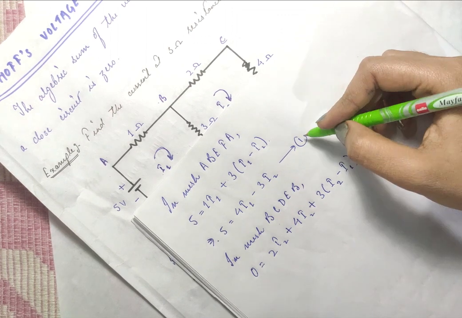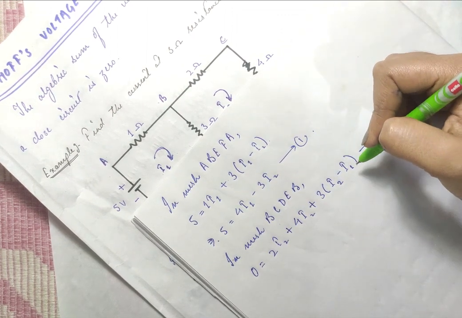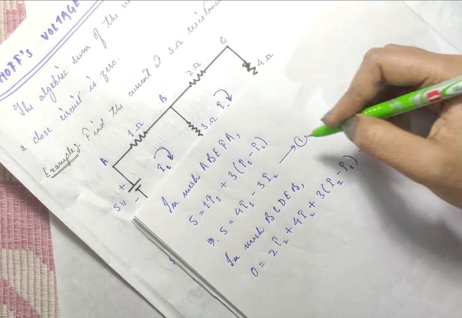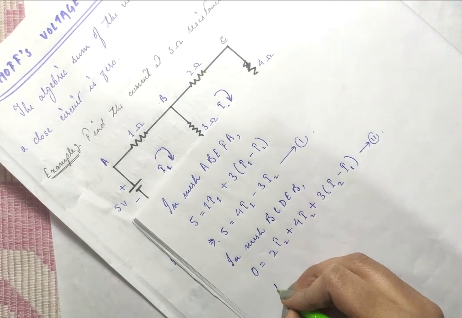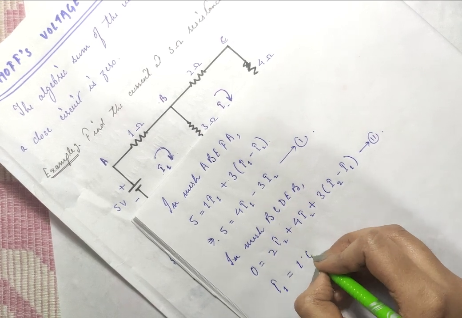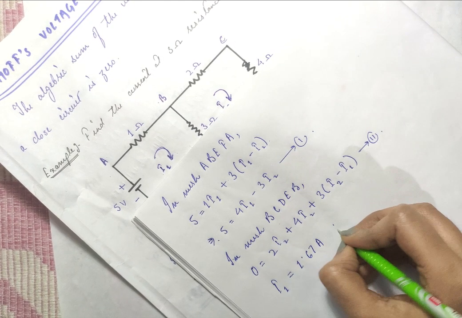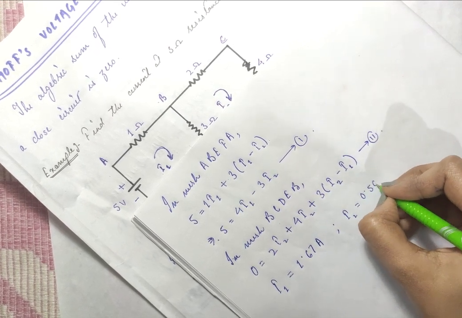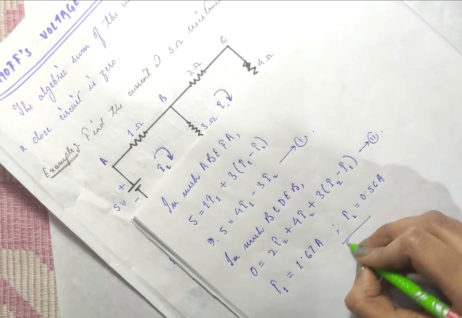Now we will solve these equations either by the elimination method or by using a calculator, and by solving this we will get the values of I1 and I2. I1 is equal to 1.67 ampere and I2 is equal to 0.56 ampere.